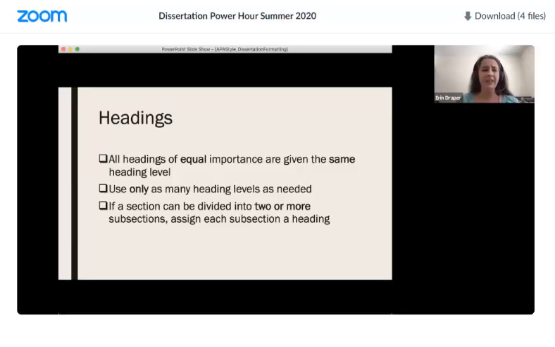That said, only use as many heading levels as you really need to help with the flow and readability of your paper, and only start using subsections when you can divide that section into 2 or more subsections. So if you only have a single subheading for a specific section, you don't need to use it.